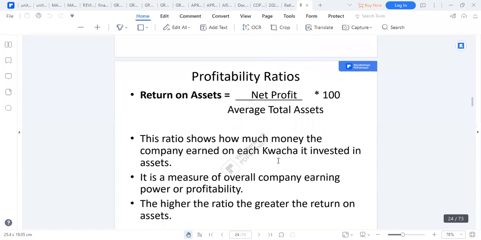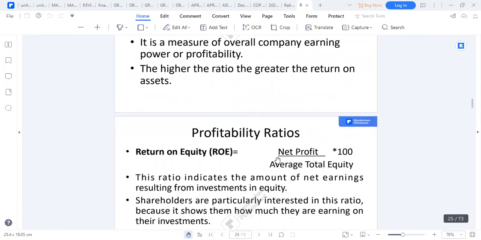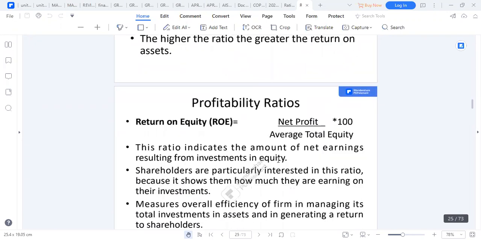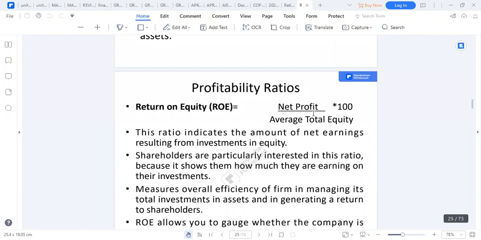So here, if we have a higher return on assets, it means that the return on assets is higher. So we also have the return on equity, which is simply given by the net profit over the average equity times 100.